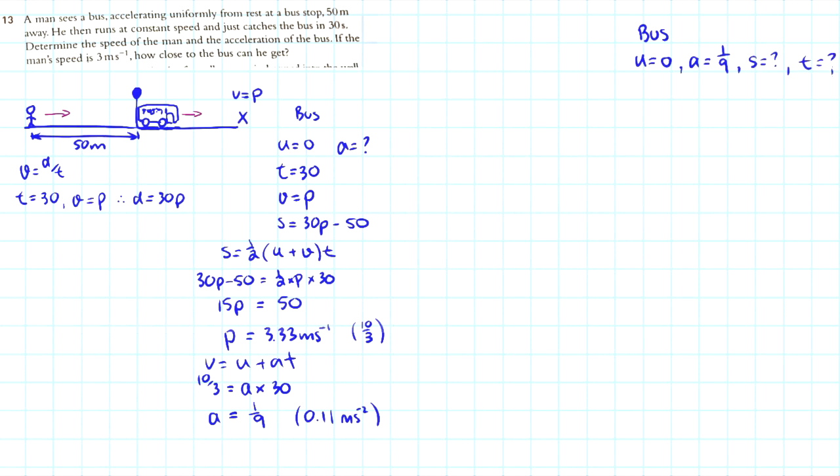So for the bus, we are after a formula that relates these four things together, where we can get the displacement the bus has traveled related to a certain amount of time. And the formula that is good for us is s equals ut plus a half at squared.